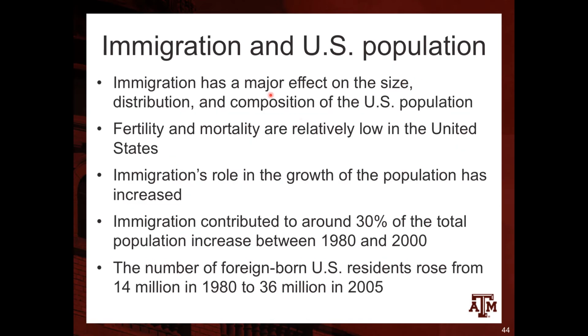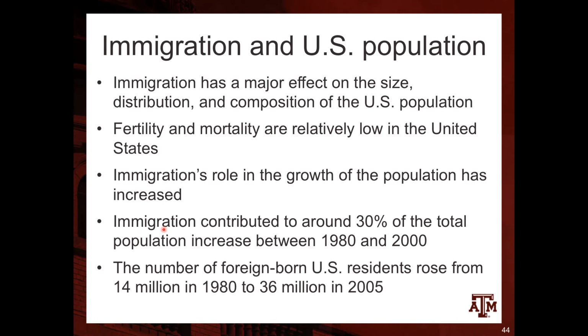So immigration has a major effect on the size, distribution, and composition of the US population. We discussed in previous chapters that fertility and mortality are relatively low in the US, and immigration's role in the growth of the population has increased a lot in recent years. As an example, immigration contributed to around 30% of the total population increase between 1980 and 2000.